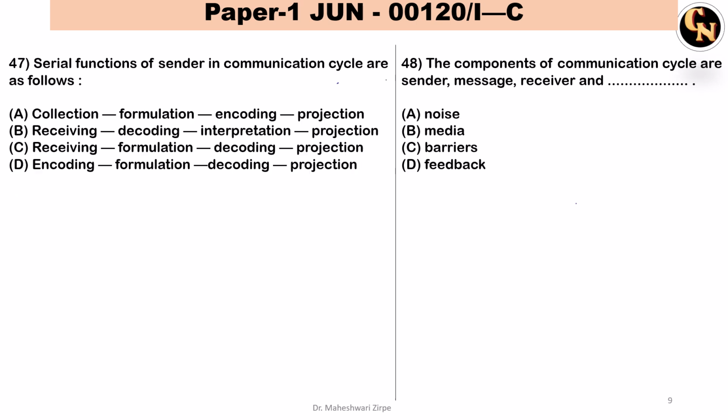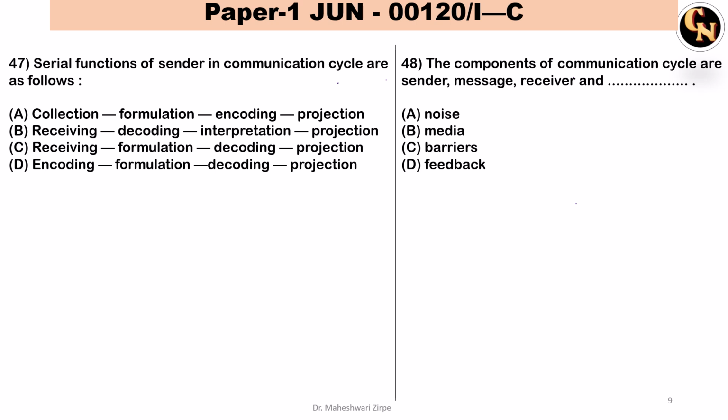Okay, next is question number 47. Serial functions of the sender in communication cycles are as follows. There are options given here: collection, formulation, encoding and projection; receiving, decoding, interpretation and projection; receiving, formulation, decoding and projection; encoding, formulation, decoding and projection.